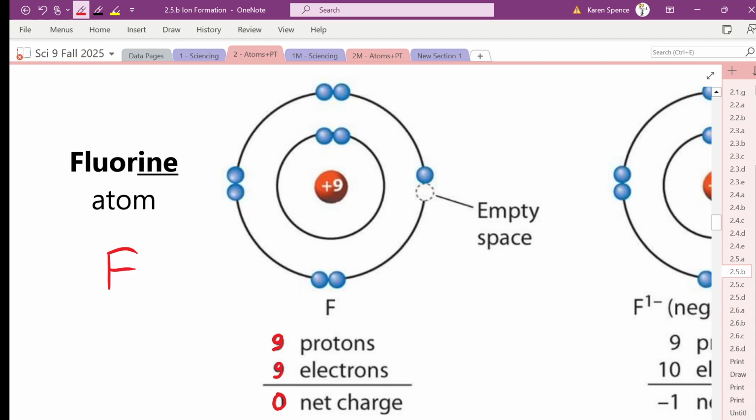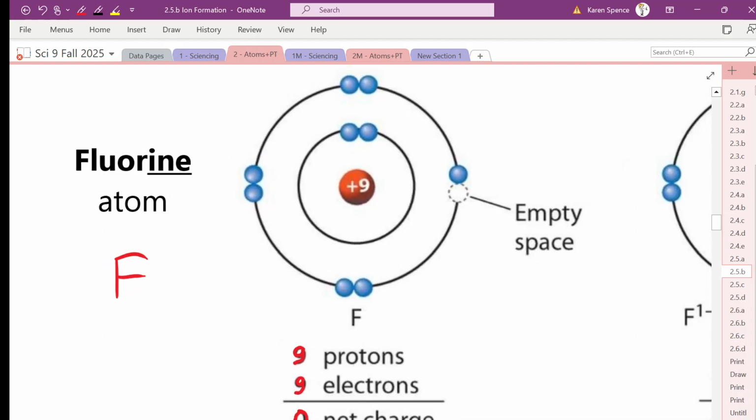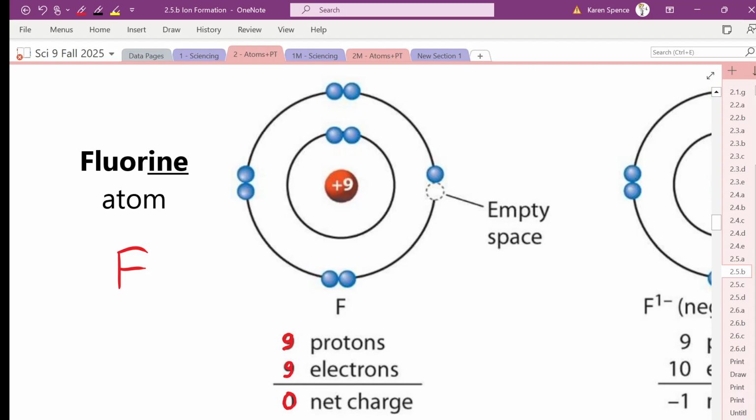There's no L. Another thing I want you to watch out for, what is the order of the U and the O in fluorine? It is UO, not OU.